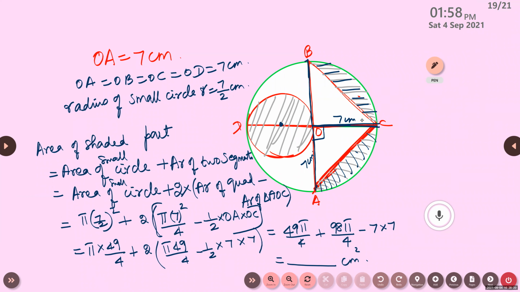Ma'am, 66.5. What about the others, children? Yes, ma'am. 66.5 centimeter square.